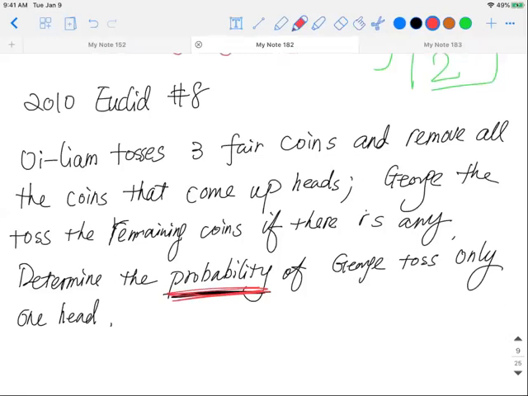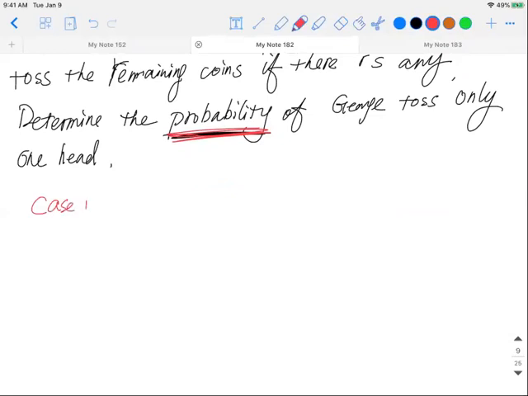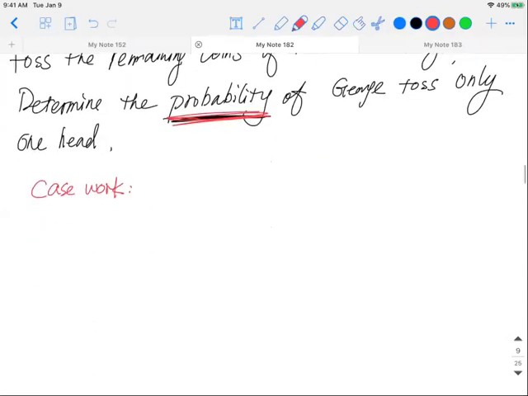Yeah, I see people have the right answer right away. Very intuitively, for the casework you need to focus on the first person, Oi Lim, and see how many heads and tails that person tossed.